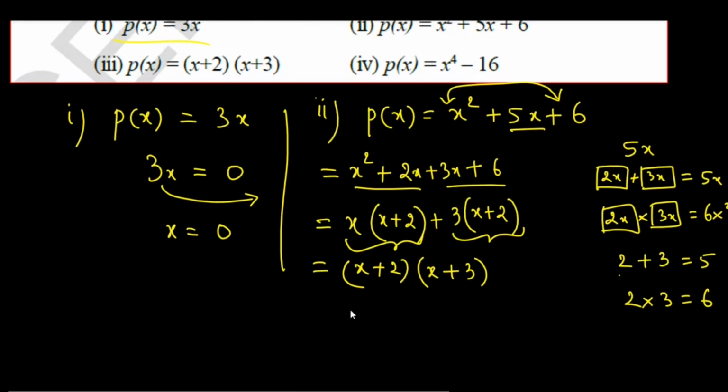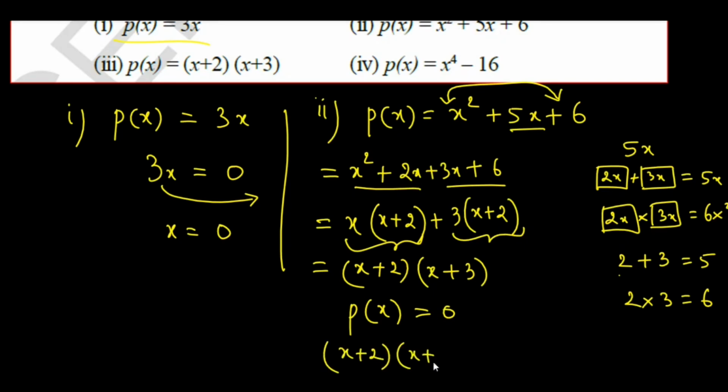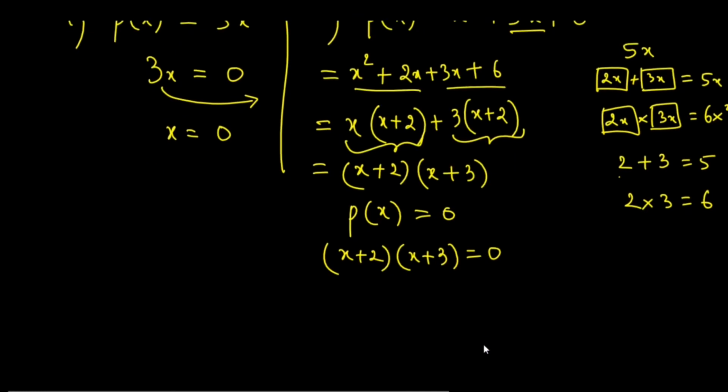To find the zero of this polynomial, we equate the polynomial to 0. So p of x is equal to 0. So x plus 2 into x plus 3 is equal to 0. The product of two factors is 0. In order to make the product 0, either factor should be 0.